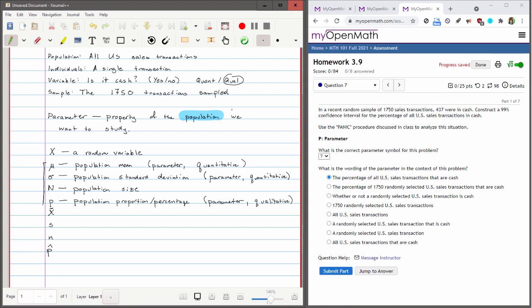And we have a statistic to correspond to each parameter. Mu is the population mean. This X with a bar over it, you've seen that symbol on your calculator. This is the sample mean. That's a statistic for quantitative data.